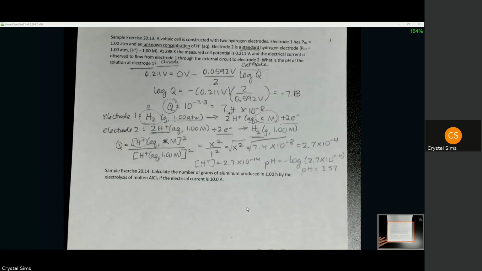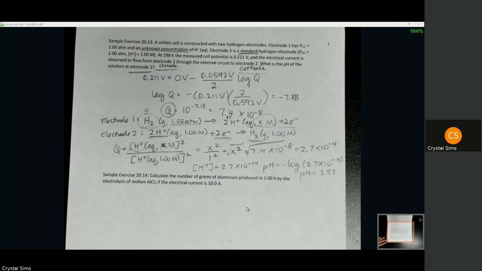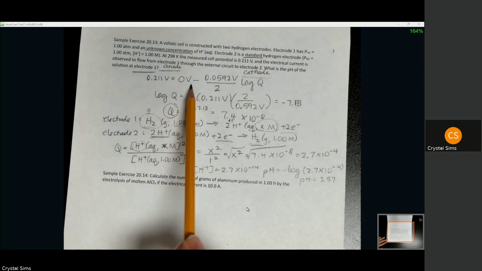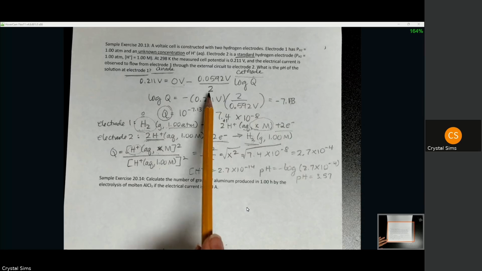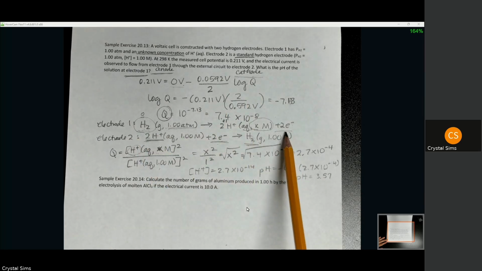So again, don't look at this and freak out, thinking I don't even know where to get started. Yes, you do. You know where to get started. They gave you your EMF value. This is a standard hydrogen, so it's got a value of 0. You know that there are 2 electrons being transferred. When we actually wrote out our equations, we can see that here.